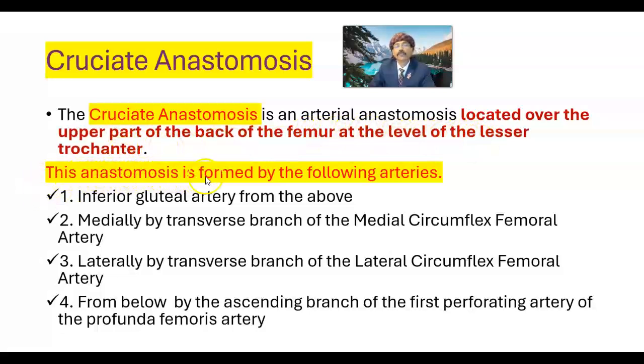This anastomosis is formed by the following arteries: inferior gluteal artery from above, medially by transverse branch of the medial circumflex femoral artery, laterally by transverse branch of lateral circumflex femoral artery, from below by the ascending branch of the first perforating artery of the profunda femoris artery or deep artery of the thigh, also called arteria profunda femoris.